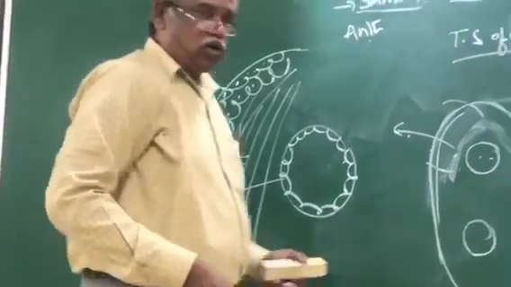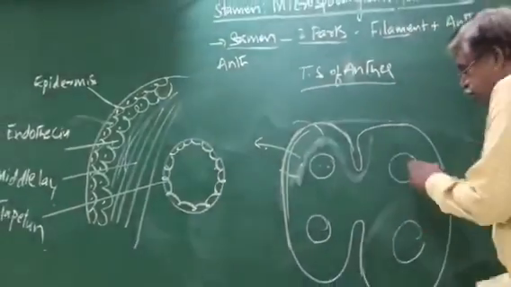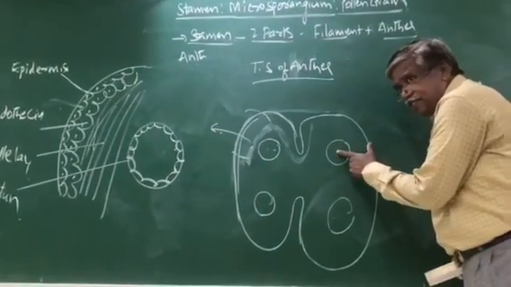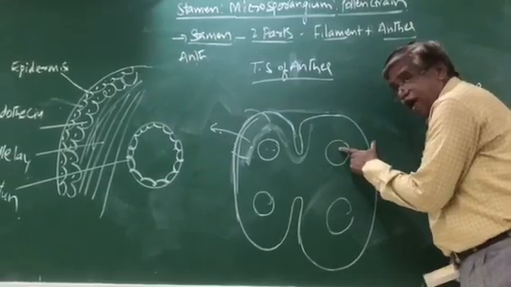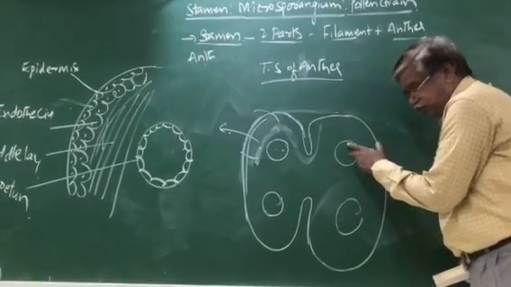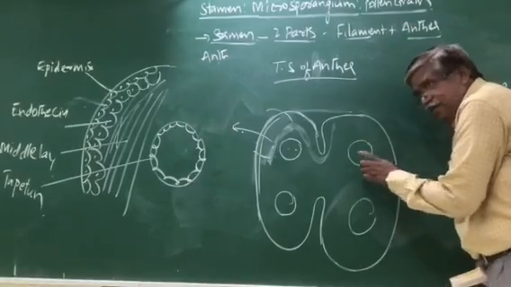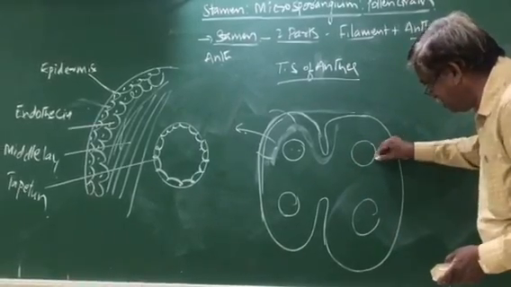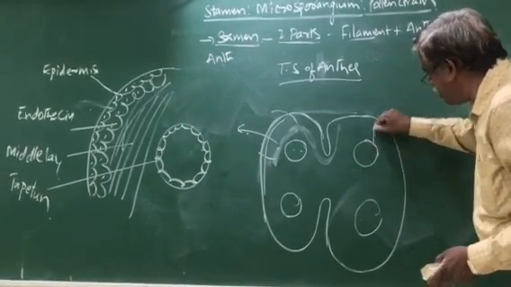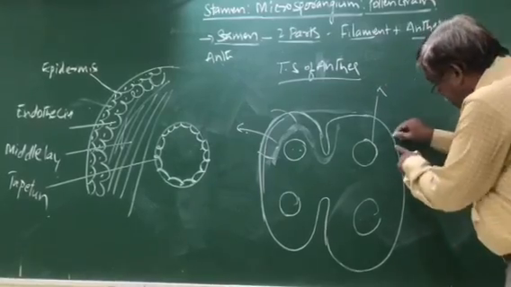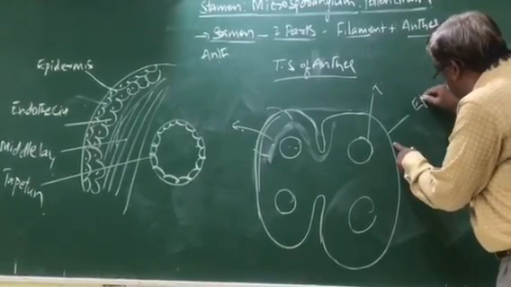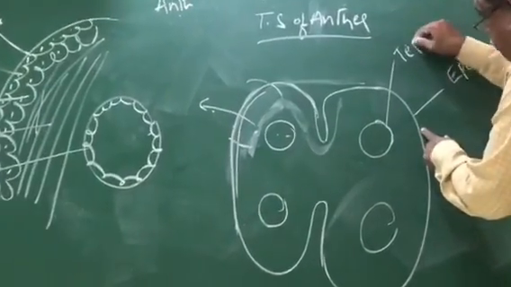See, now here, this place is the cavity. This cavity is called theca. This cavity is lined by this line, which is called tapetum. Then epidermis.